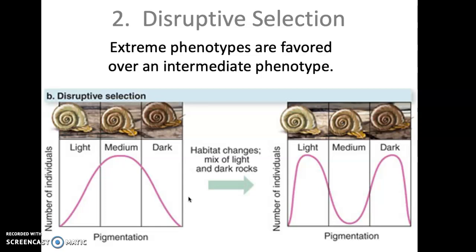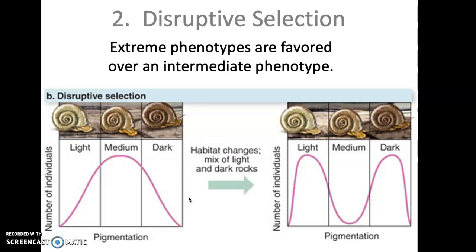However, something happens to that habitat. The habitat changes a little bit, and whereas there used to be rocks that were light colored and medium colored and dark colored, now those medium colored rocks that were tinier got buried, let's say, and they all got buried, and you either are visibly seeing light colored rocks or dark colored rocks.